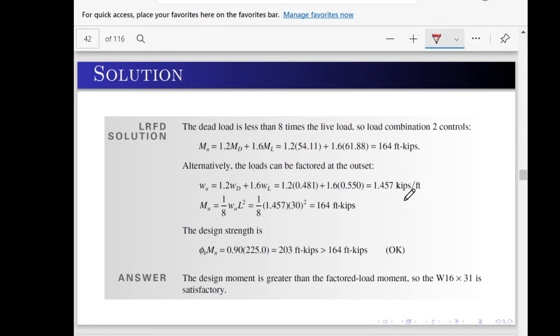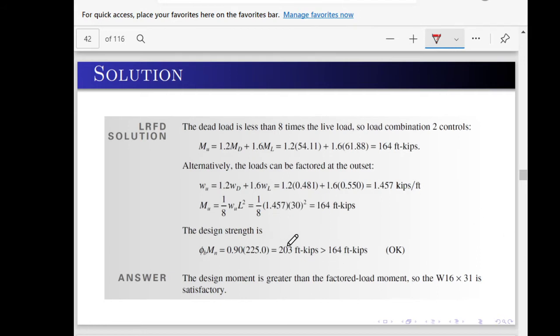You can use the equation for the maximum moment at midspan, 1/8 times the factored uniform load times the length of the beam. For the uniform load, the answer is 1.457 times 30 squared.